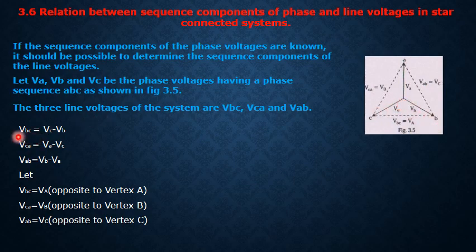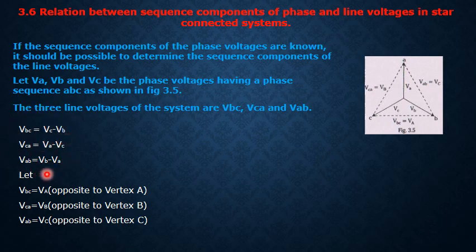Similarly, VCA will be equal to Va minus Vc, and VAB will be equal to Vb minus Va. So these are the line voltages in terms of phase voltages.